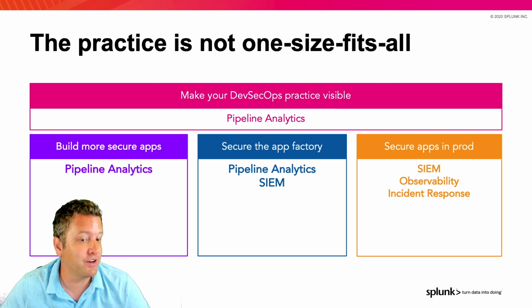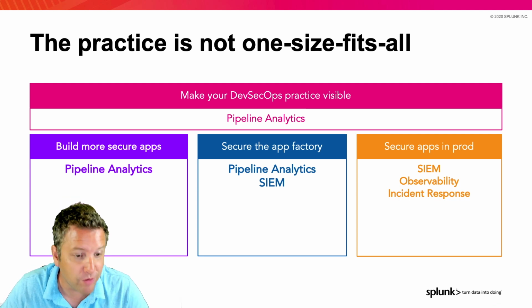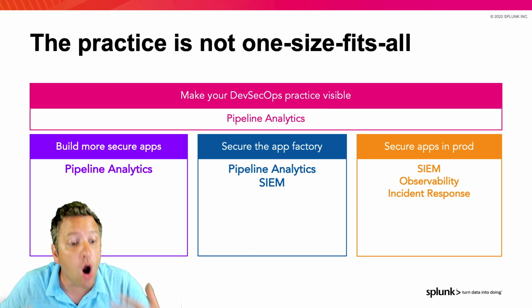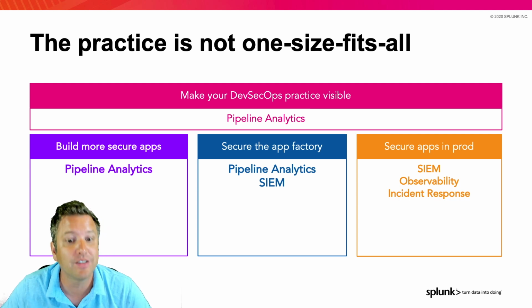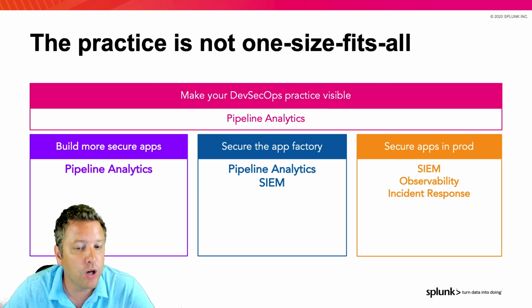It helps us understand deployments, deployment frequency, what artifacts were used, what tests were used to test for vulnerabilities, etc. And so that's where pipeline analytics comes in, because pipeline analytics is a method for collecting data from your delivery chain directly, the telemetry from the tools, and visualizing it, and building incident response on that data as well.